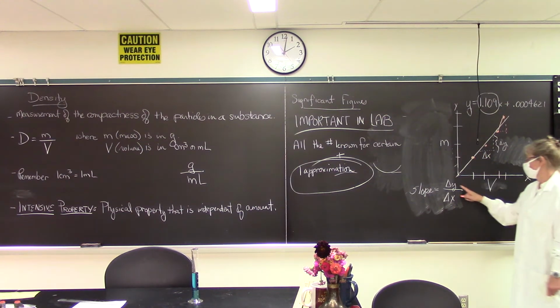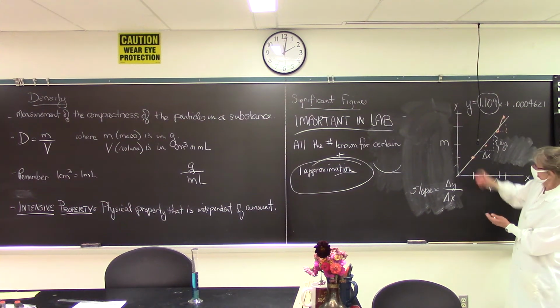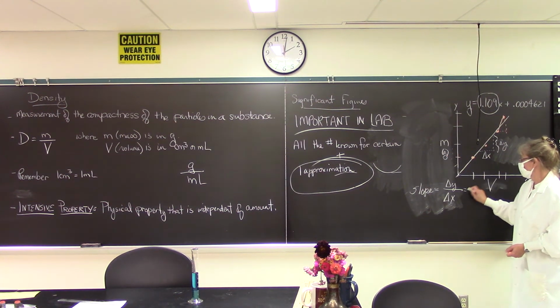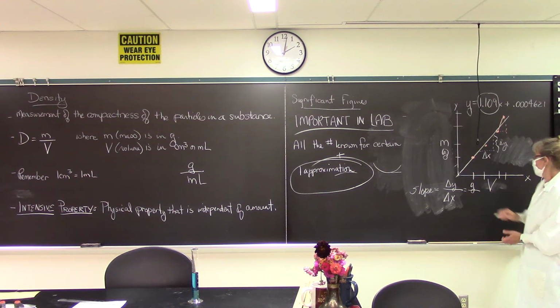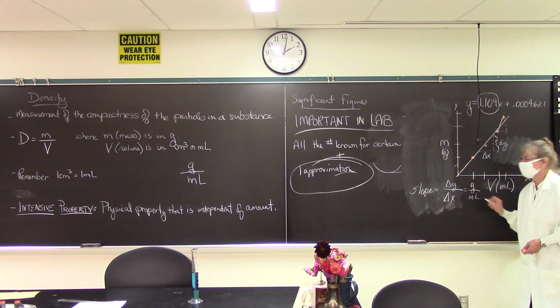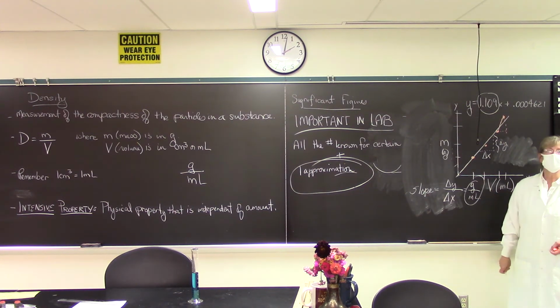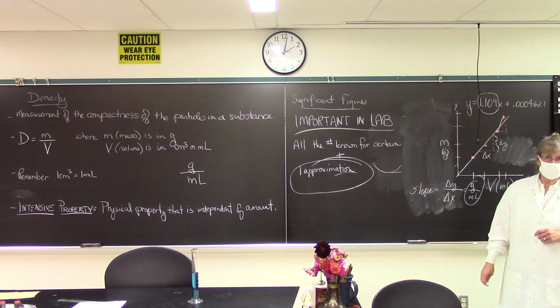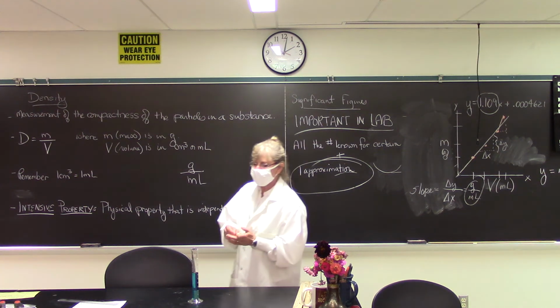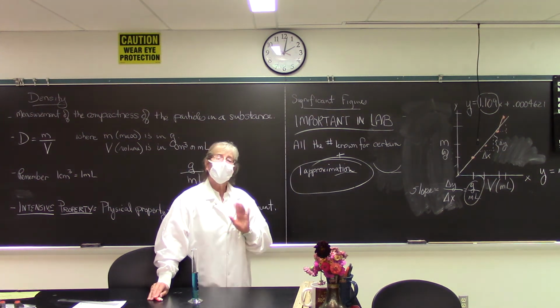So what is the slope? Well, we have delta y. Our mass is going to be in grams. Our x, our volume, is going to be in milliliters. What's that? That's density. So in the second part, you're going to be figuring out the density of your unknown solution.